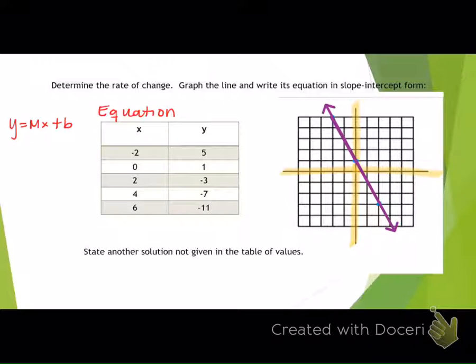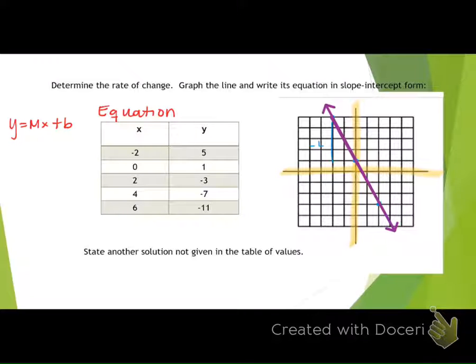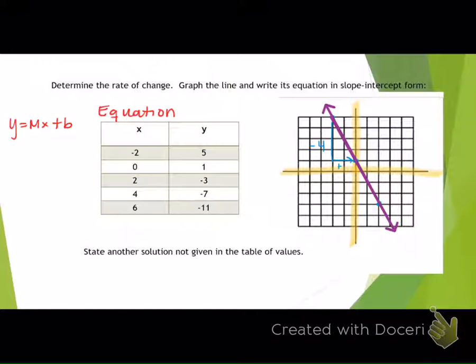So, Evan, how could I find my rate of change? What could I do? Do rise over run, so it's going down 4, which is negative, right 2, which is positive, so what would your slope be?